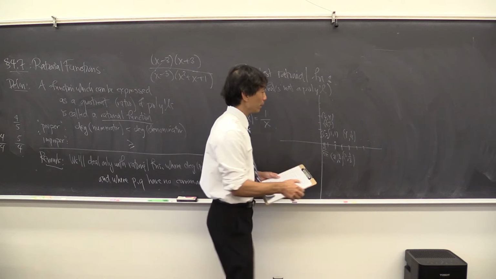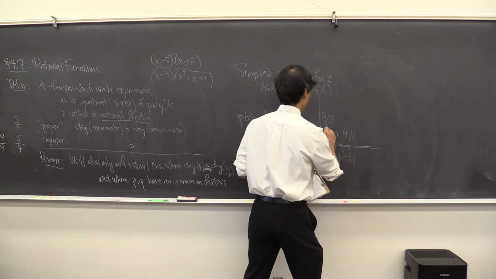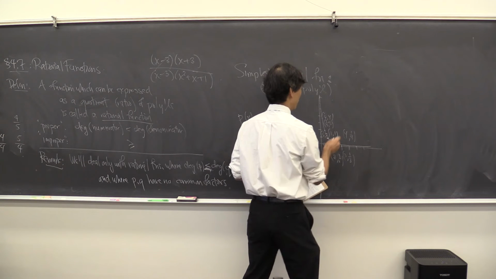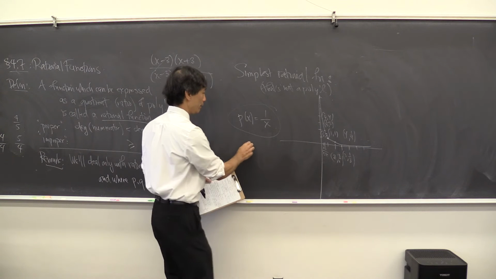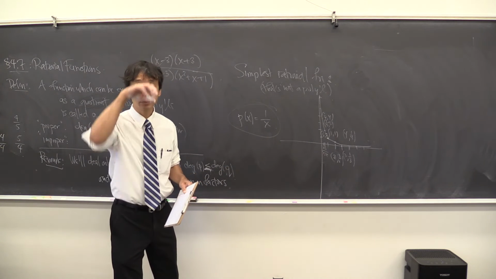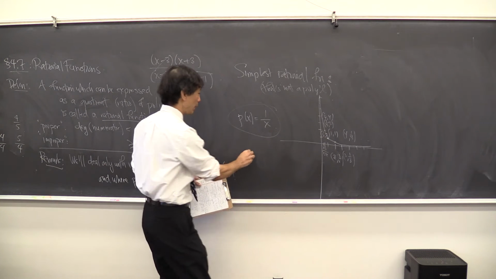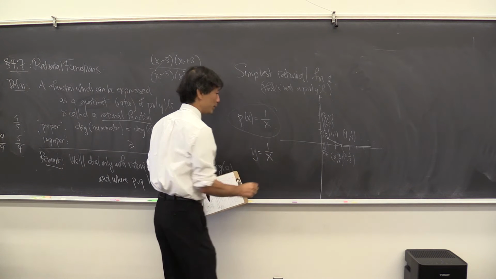Do you notice anything about the graph so far? Well, actually, let me put that off for a second. What do you notice about the symmetry of this thing? If I look at the graph y equals 1 over x, what kind of symmetry does it have?